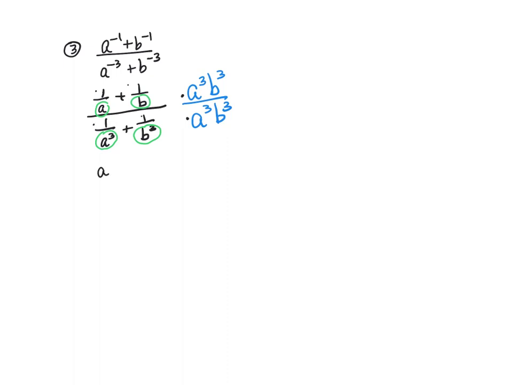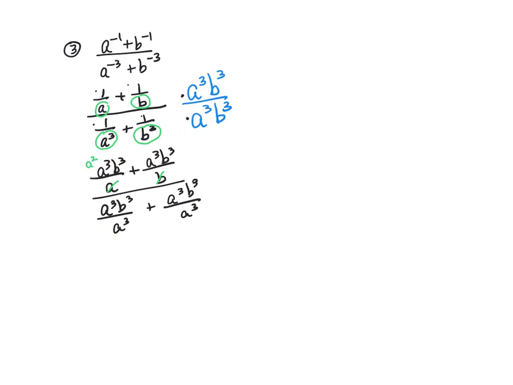So we have a cubed b cubed over a plus a cubed b cubed over b divided by a cubed b cubed over a cubed plus a cubed b cubed over b cubed. And then, of course, we could divide through one of the a's and b's here. This would be an a squared and a b squared. And the a cubes divide through to a 1.